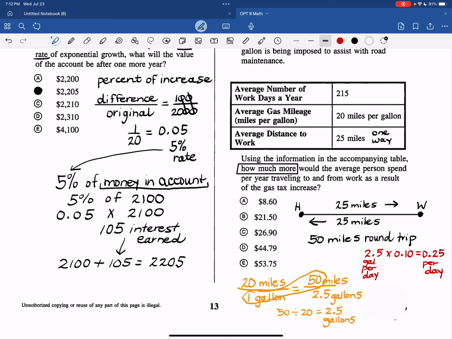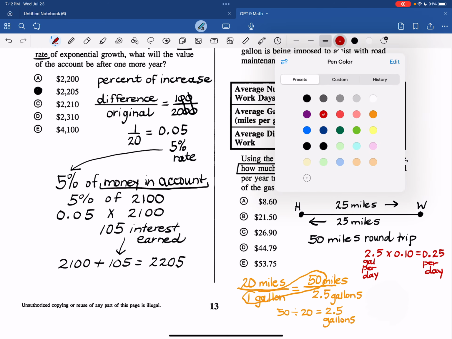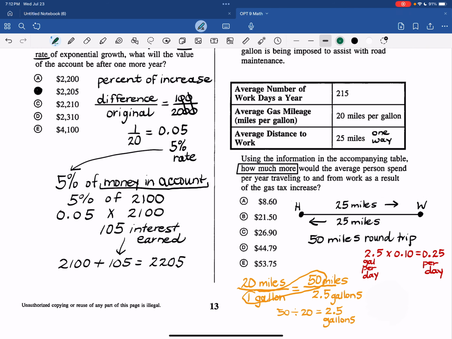This is a beast. We have to figure out what that quarter per day adds up to. So 25 cents per day times 215 days.